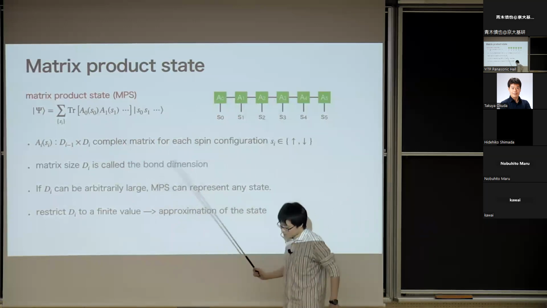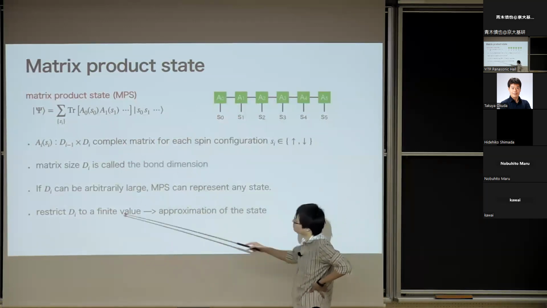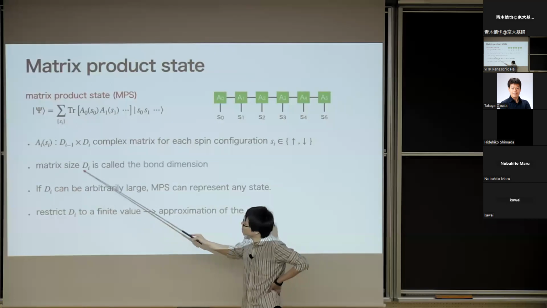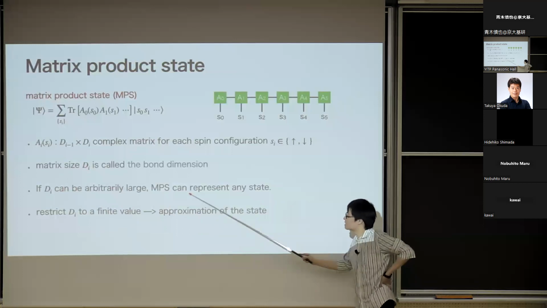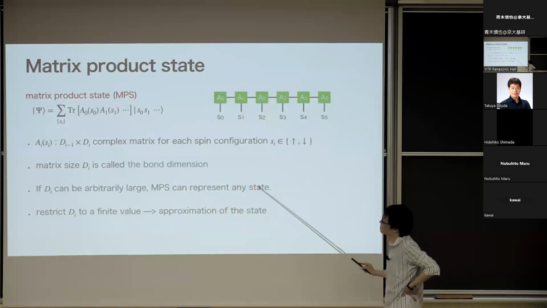The property of this MPS is that if the matrix size D can be arbitrarily large, MPS can represent any state in the Hilbert space.